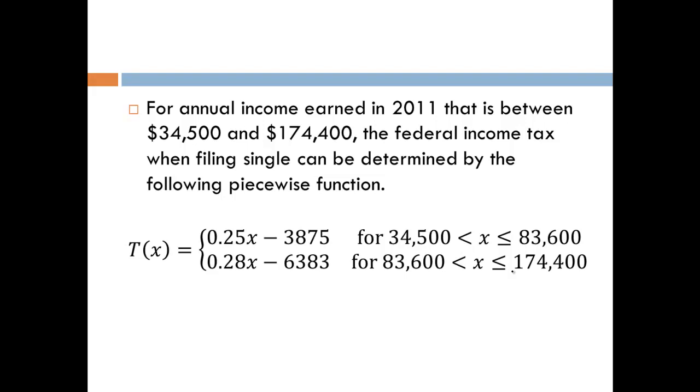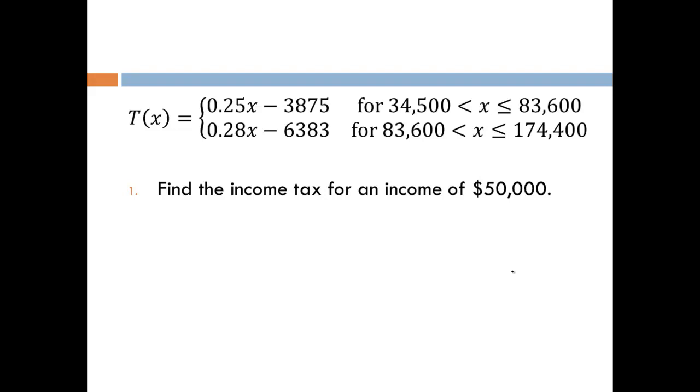So how can we use this piecewise function? Well, suppose we want to find the income tax for someone who had an income of $50,000. The first thing we need to do is look at this $50,000 and see which of these inequalities it fits. 34,500 is less than 50,000, and 50,000 is less than or equal to 83,600.